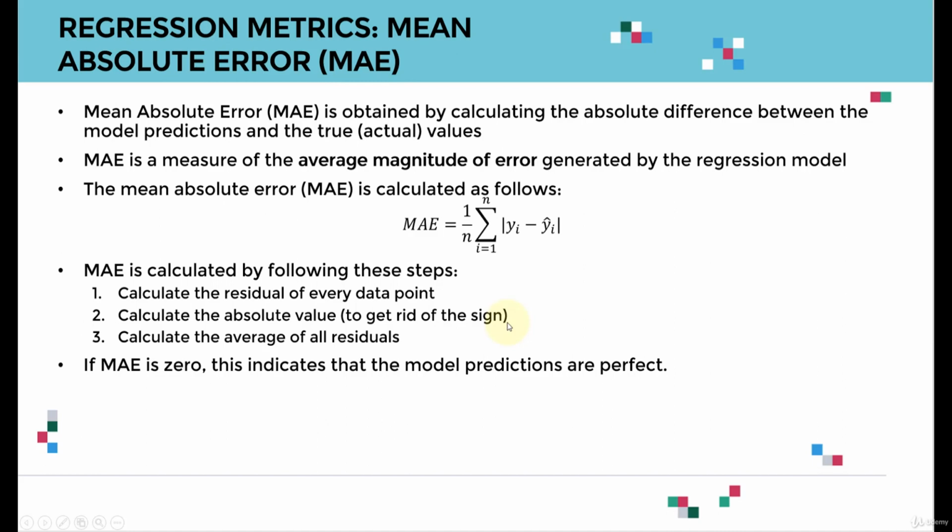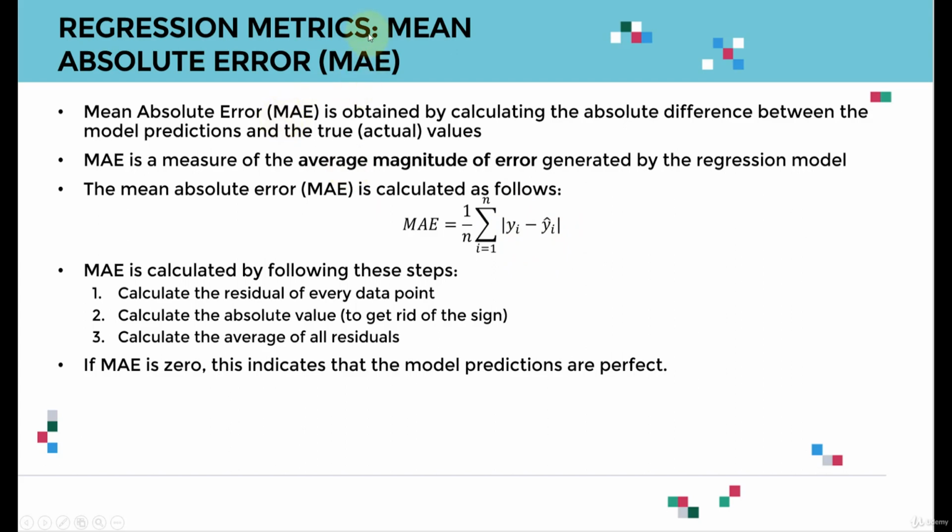First, we look at the first metric, which is mean absolute error, or MAE for short. Mean absolute error is obtained by calculating the absolute difference between the model predictions and the true actual values. If we take a look at the equation, we get the distances, which is yi minus yi hat, and then we obtain the absolute value.